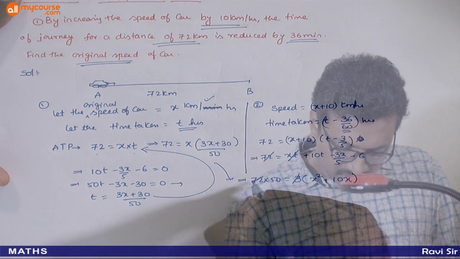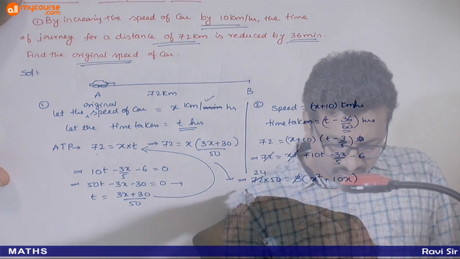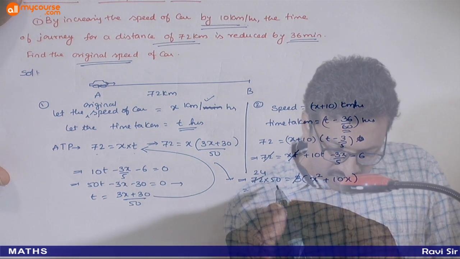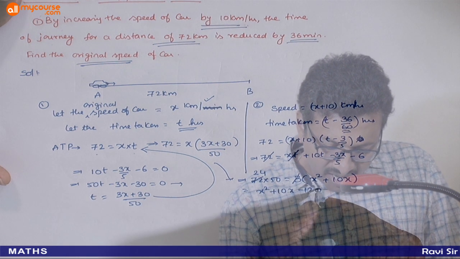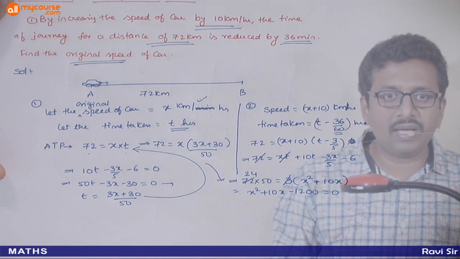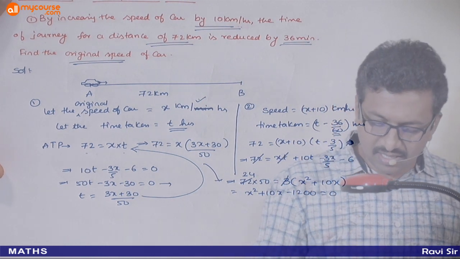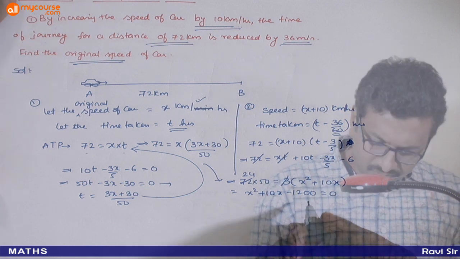So 3 you can cancel it here, 24 times 50, so 12 into 100. So x square plus 10x minus 1200 is equal to 0.